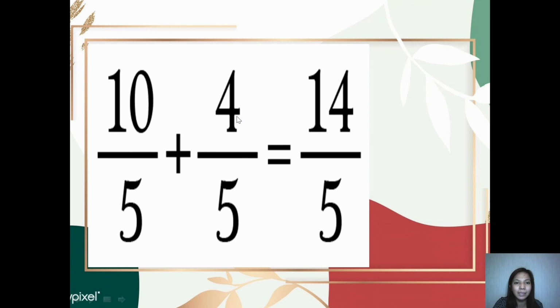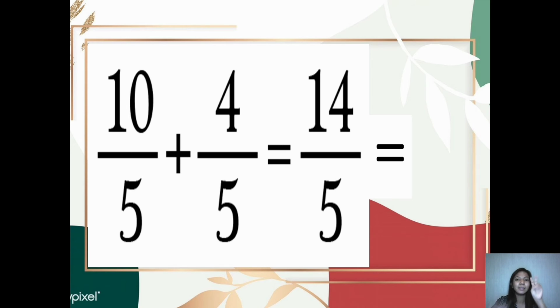Then 10 plus 4, 14. 14/5. Okay, this one, if the numerator is bigger than the denominator, you have to make it into a mixed number. How many 5 are there in 14? There are 2 5s in 14.